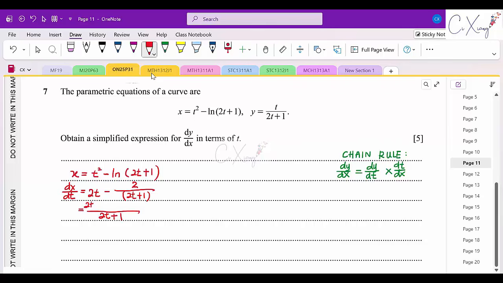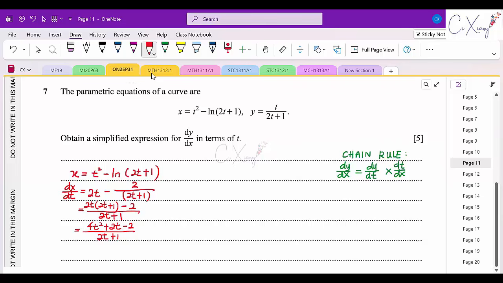So I multiply the 2t with 2t plus 1, then minus the 2 remains the same. Then I have 4t squared plus 2t, then minus 2, divided by 2t plus 1. So this is the fraction for this case.